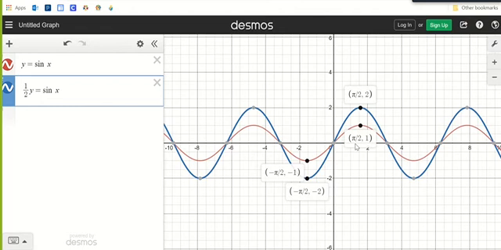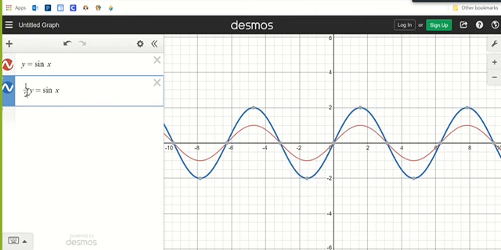So the amplitude, so to speak, the peaks and valleys, the highs and the lows, used to be 1, negative 1 for your y values for the red. After we stretch it, the peaks and valleys, the highs and lows for the blue now go from 2 to negative 2. You can think of it as the range instead of peaks and valleys, highs and lows, because domain is x's, range is y's.